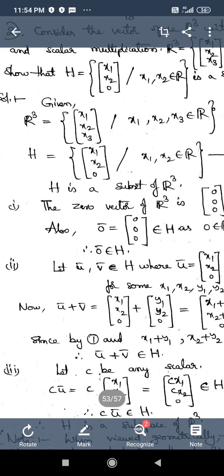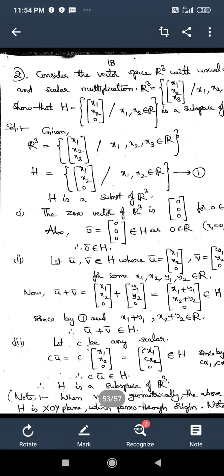The vector space given is R3, and R3 is given as the set consisting of the column vectors x1, x2, x3 such that the entries x1, x2, x3 are real numbers.